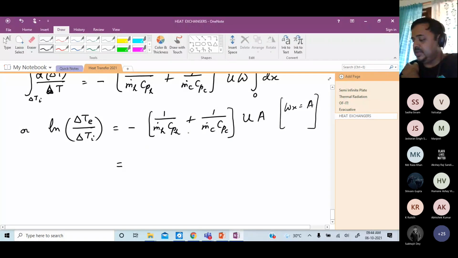So what can I write here? Q equals m dot Cp delta T for each fluid.